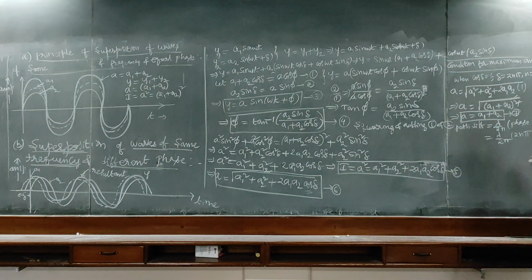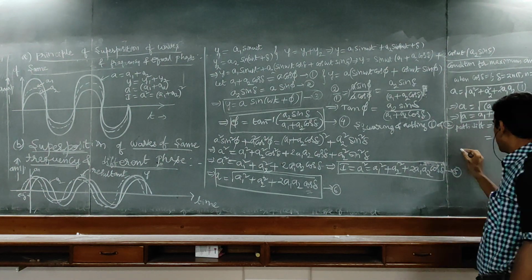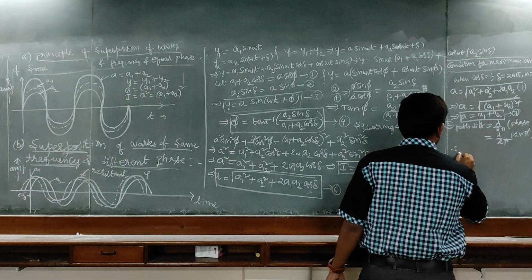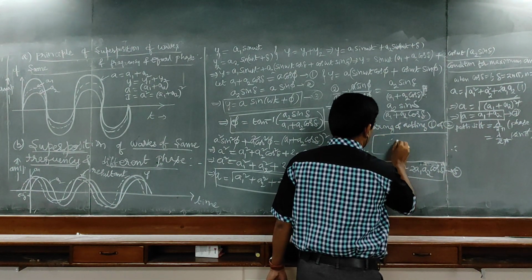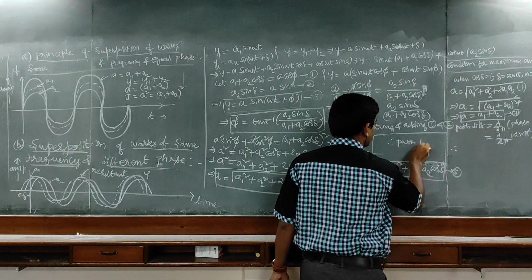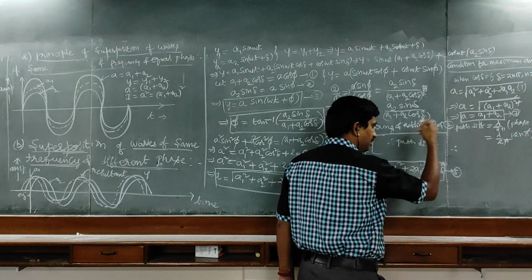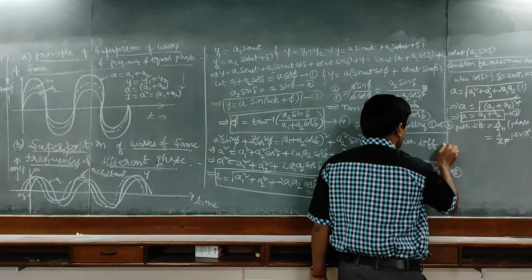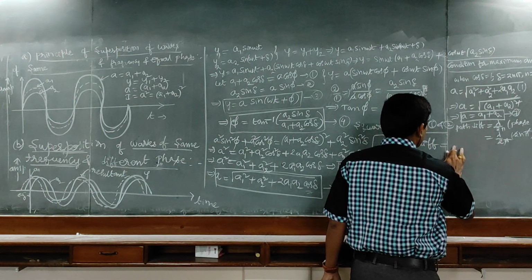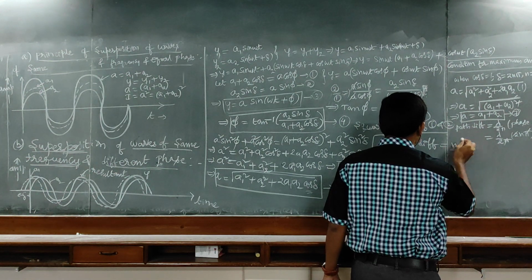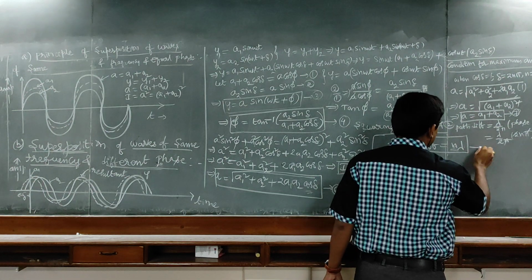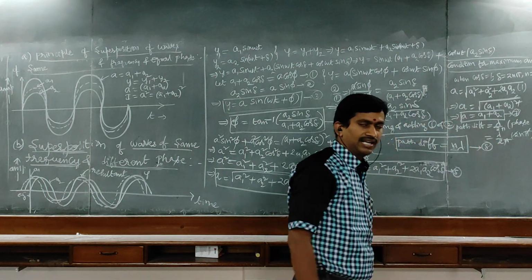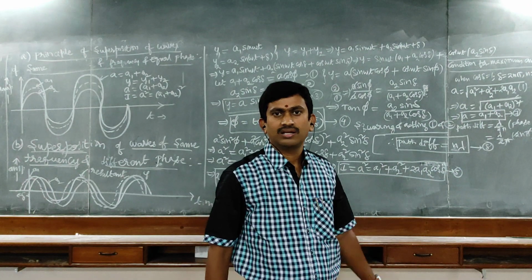Then pi will get cancelled, 2 will get cancelled. Therefore, the path difference for the maximum amplitude is equal to n lambda. So this is the condition for maximum amplitude, in the sense constructive interference. Let it be named equation number 8.